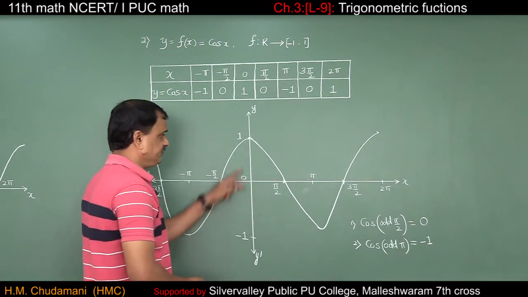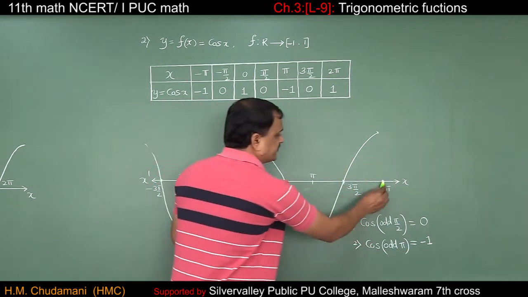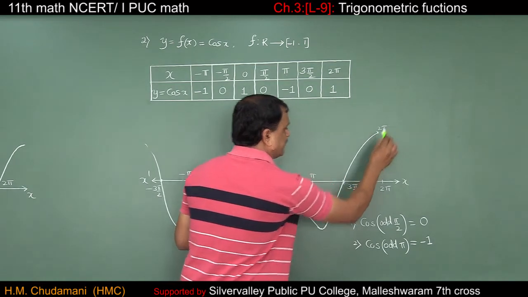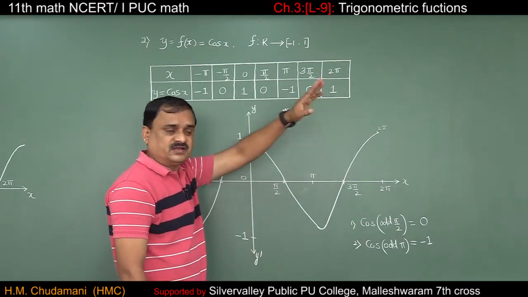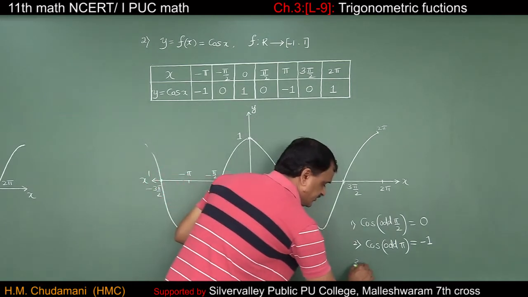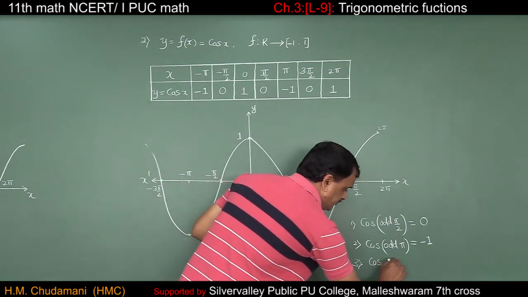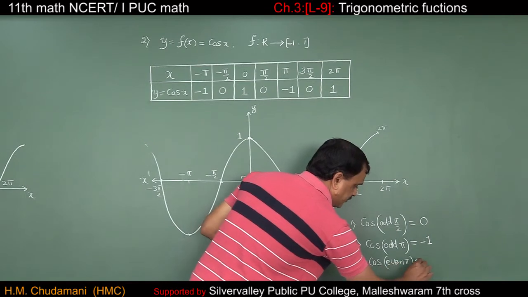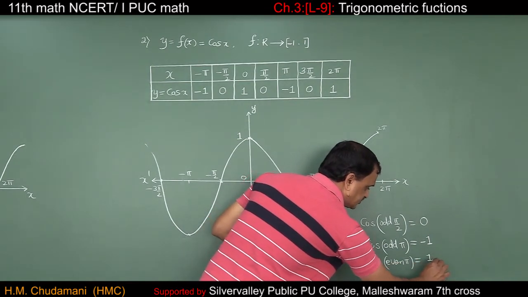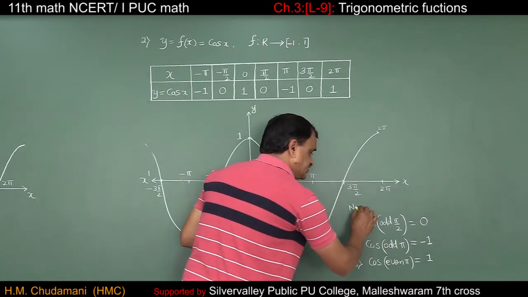Then this is 2 pi, 0, 2 pi, 4 pi and so on. That is cos of even pi. Cos of even pi is above the x-axis, which is plus 1.